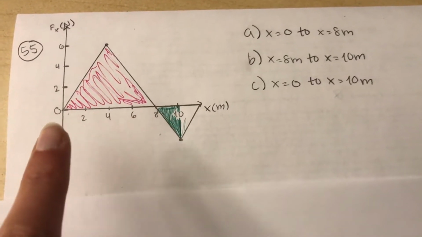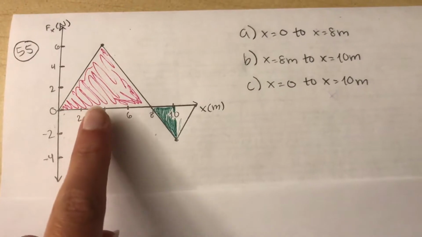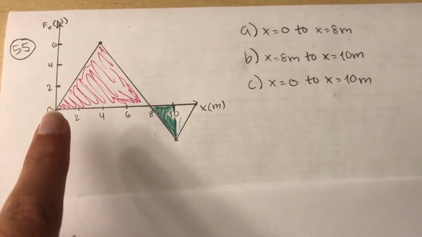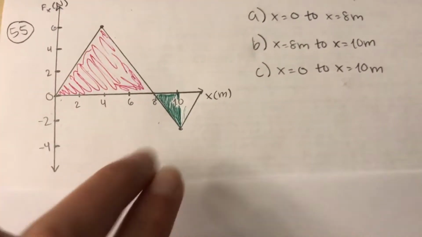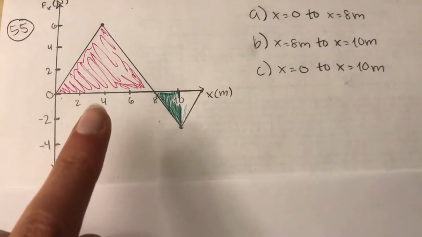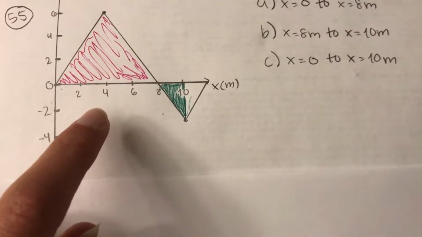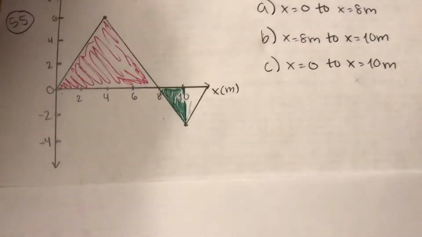However, we don't have a square or rectangle shape. We have a triangle, because the force isn't constant and it changes direction halfway through. So we want to essentially find the area of the triangle that they're asking us for.